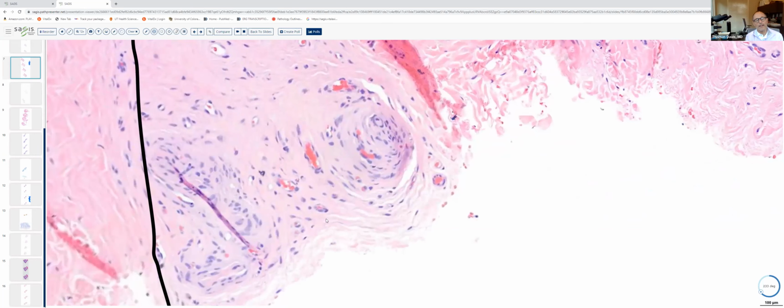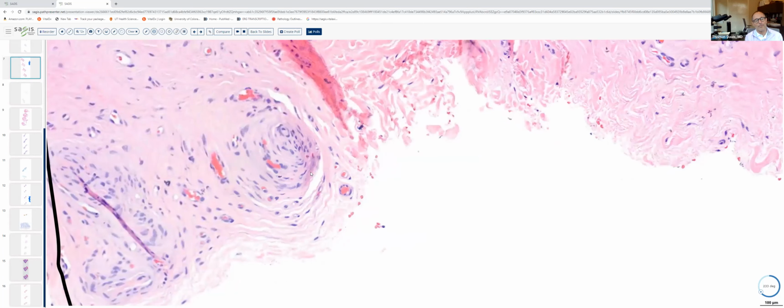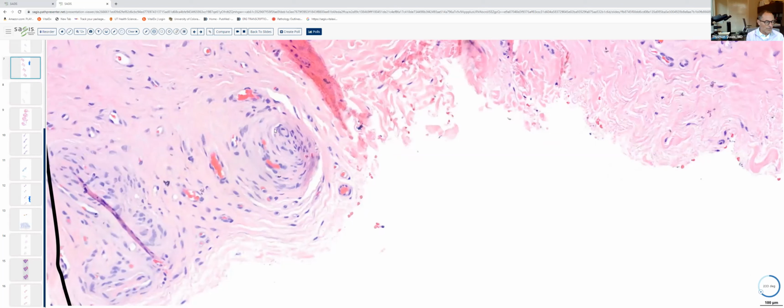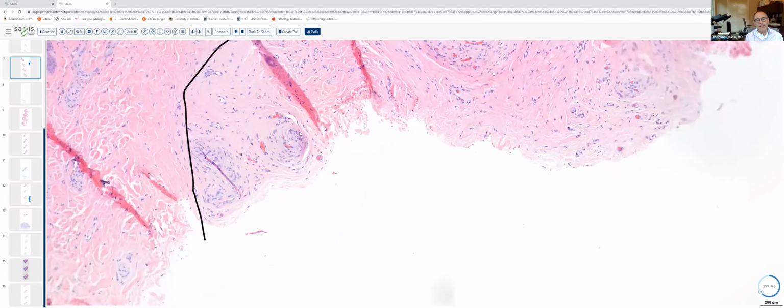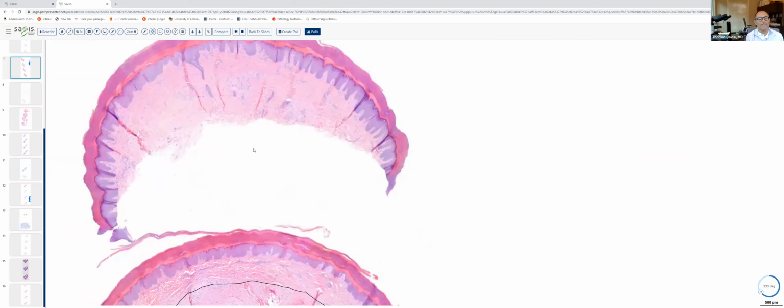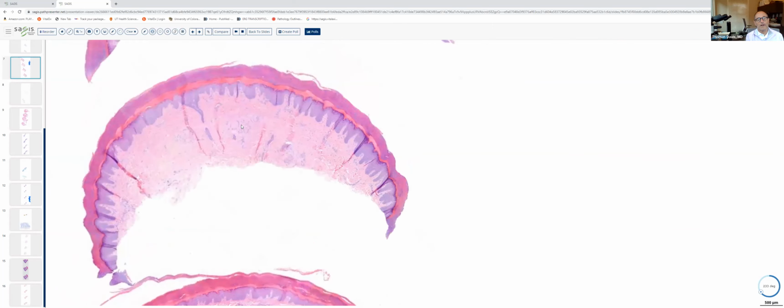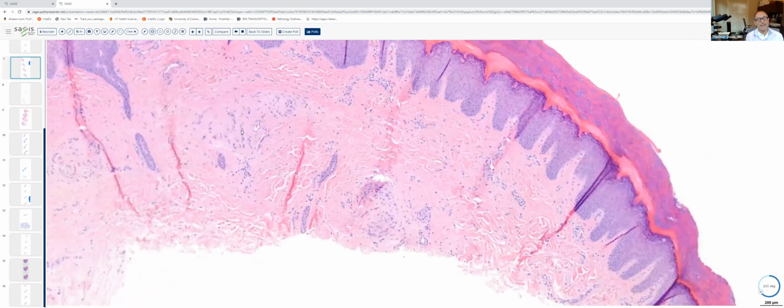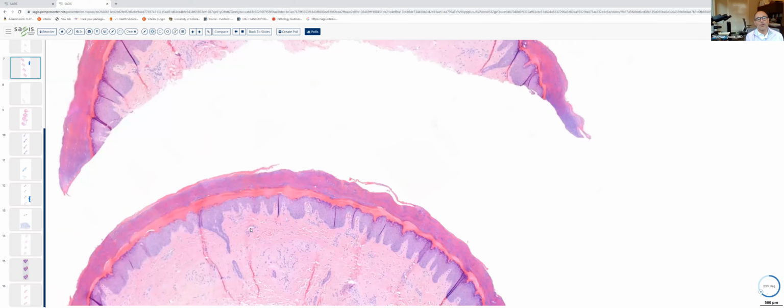And if we look in areas, and I'm going to look at a couple of sections, we can see that these cells tend to, in areas, form concentric onion skin-like whorls. They almost resemble Pacinian corpuscles. And that configuration is very characteristic of this lesion. This is a cutaneous perineurioma.